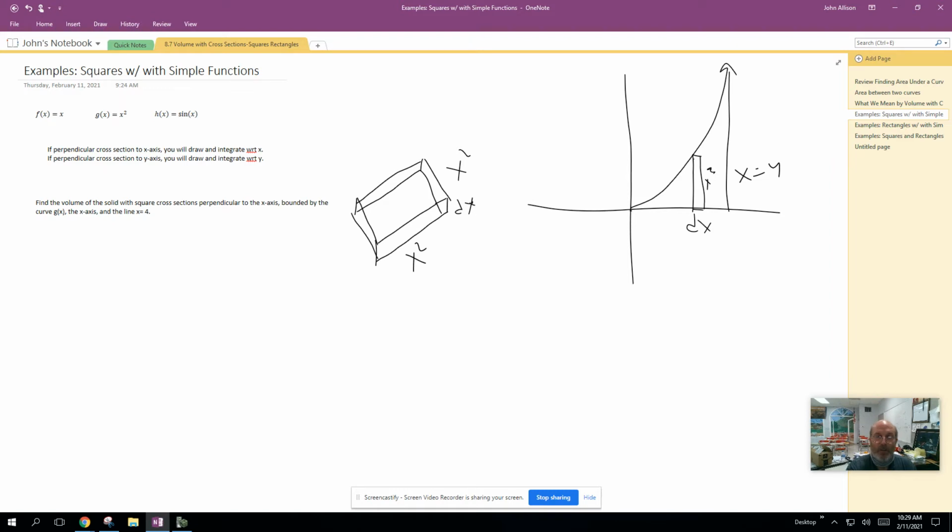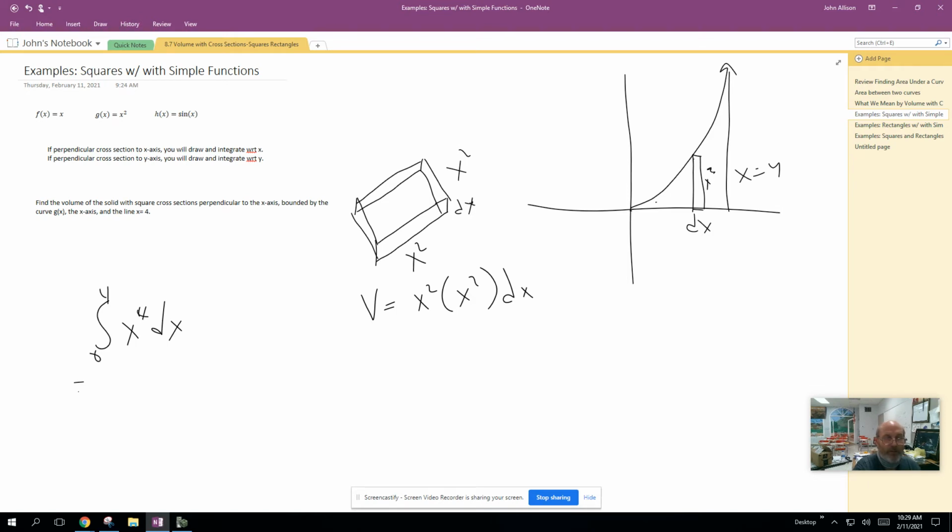And so the volume of that one cross section is going to be x squared times dx. If I integrate those from 0 to 4, I will get all of the cross sections generated in this region. So I'm going to integrate this expression from 0 to 4, and this is going to be x to the 4th dx.